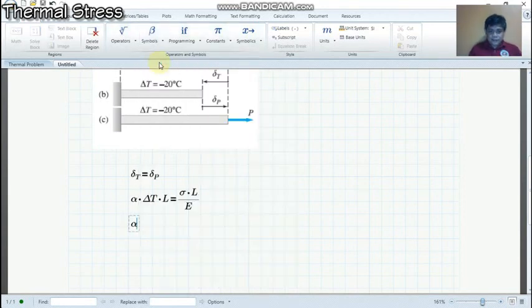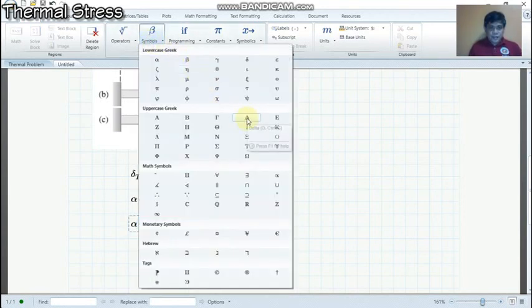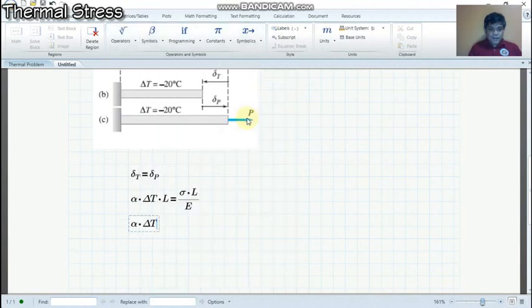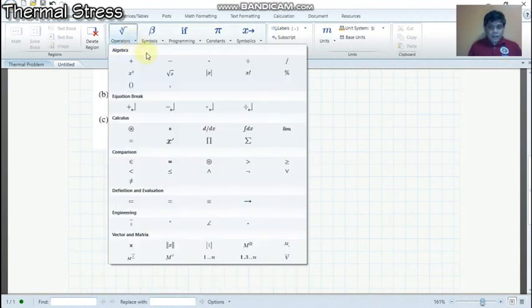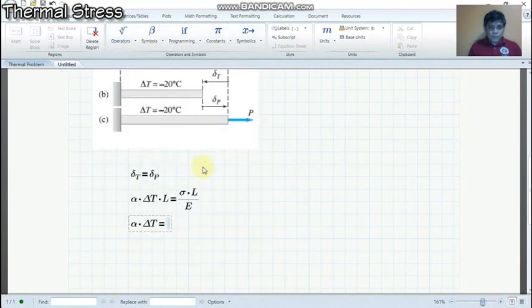So the formula is now reduced to alpha times delta T is equivalent to sigma divided by the modulus of elasticity.